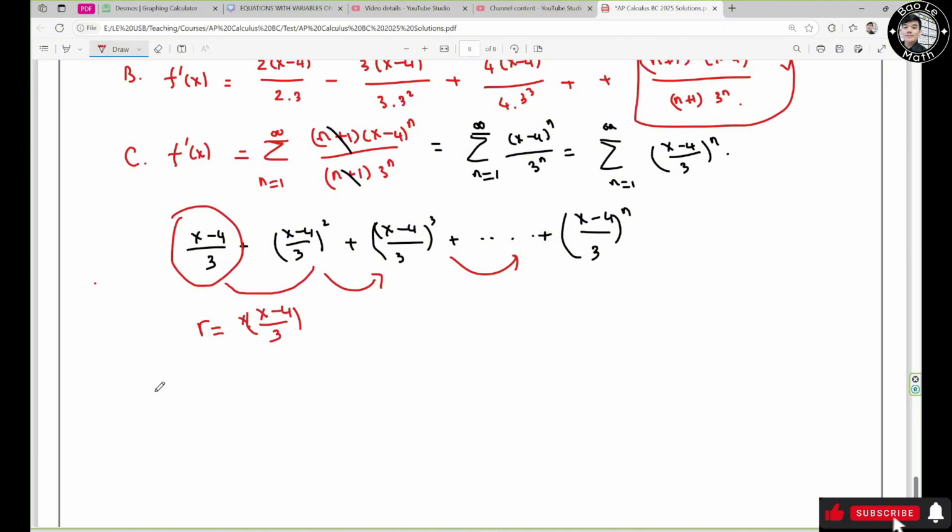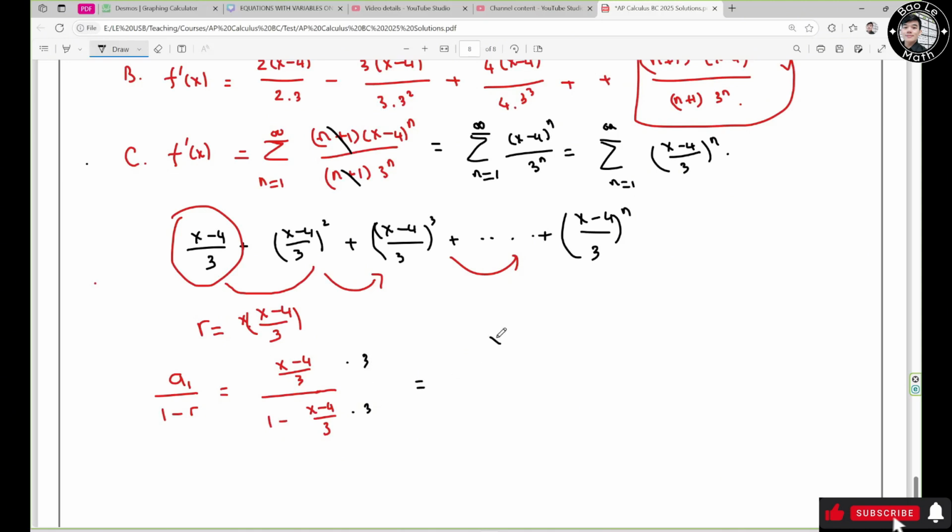Now we have the formula to calculate the sum of an infinite geometric series. It's given by the formula a1 over 1 minus r. So it's going to be ((s minus 4) over 3) over (1 minus (s minus 4) over 3). Now, I need to multiply the top and bottom by 3, so I'm going to simplify the 3.